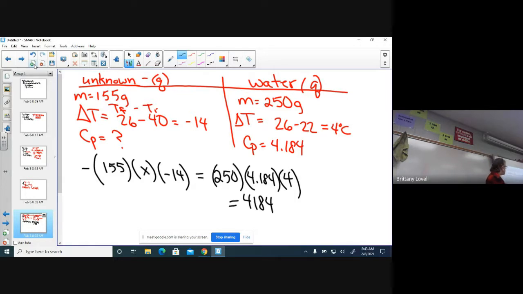And because you're multiplying it by a negative 1, what does a negative times a negative do? Makes it positive, right? So this negative times this negative number is just going to become a positive 2170x. And at this point, how do you solve to find x?